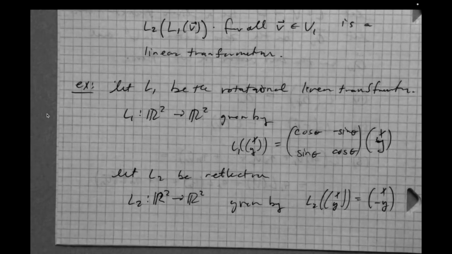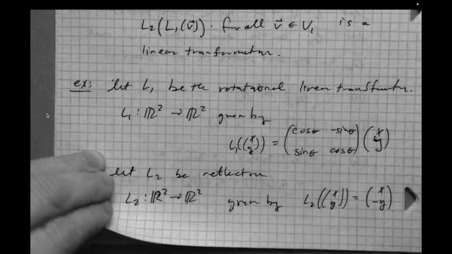Okay, so this is going to flip the vector across the x-axis. All right, so we've got two linear transformations here. We got a rotation and we got a reflection. Now the composition, according to the previous theorem, ought to be a linear transformation as well, right? So let's talk about what that thing looks like.